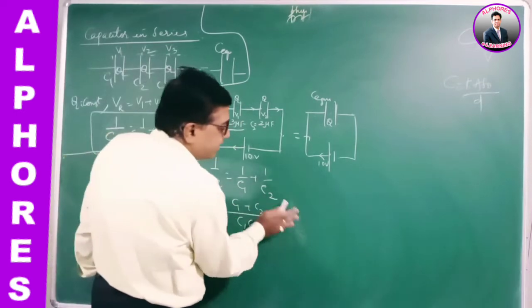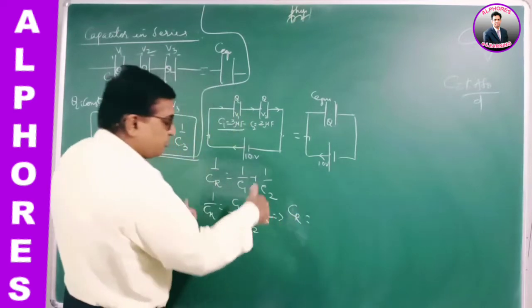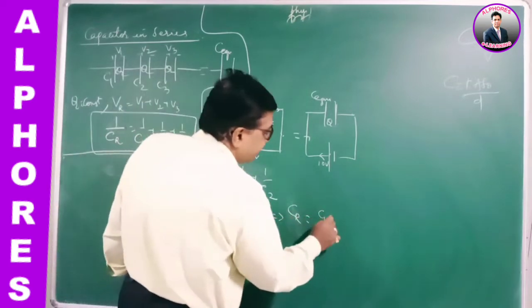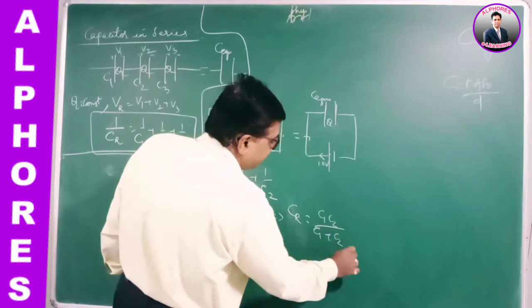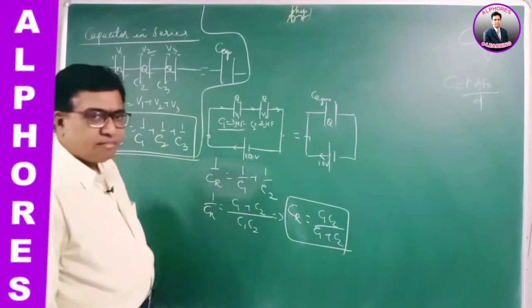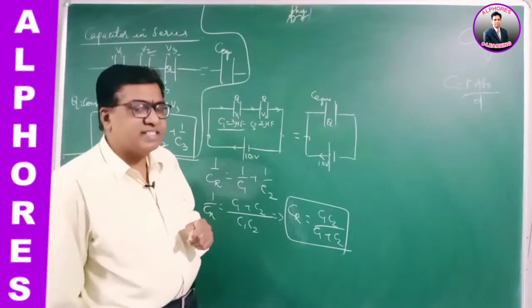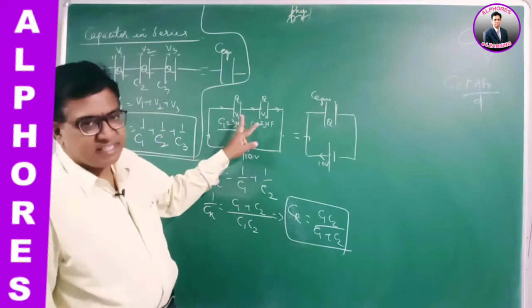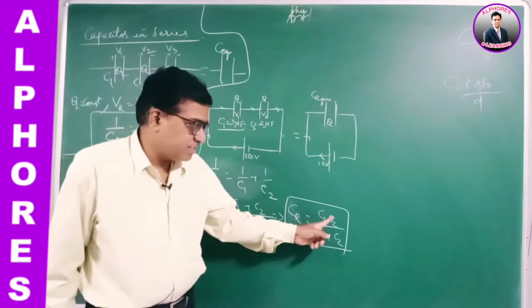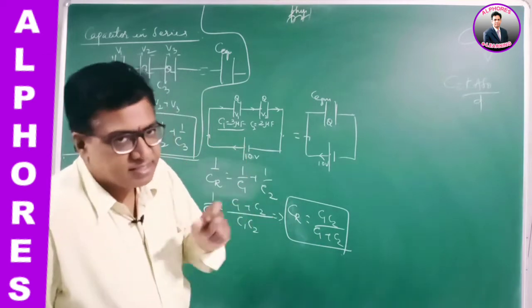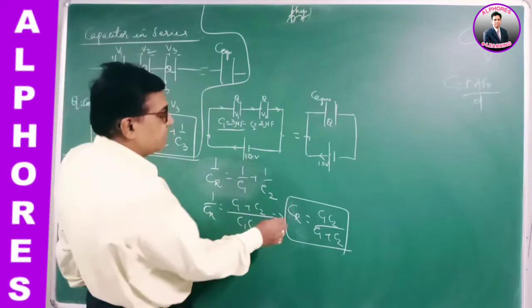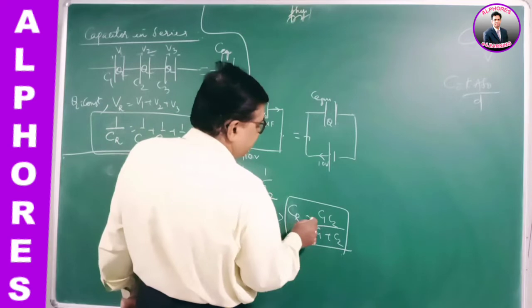If I reciprocate this, putting it the other way, you will get CR as C1 C2 by C1 plus C2. So whenever there are two capacitors in series, the resultant capacity is C1 C2 by C1 plus C2, product by sum.